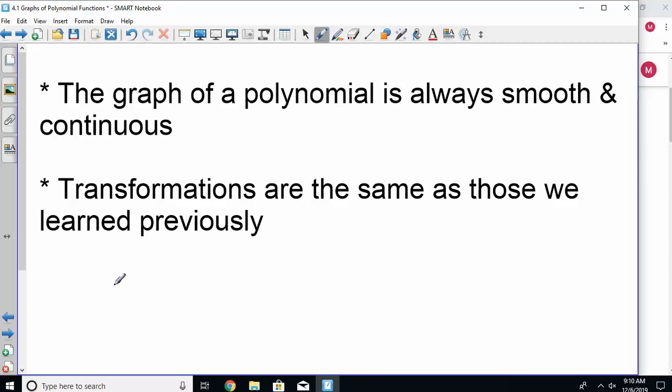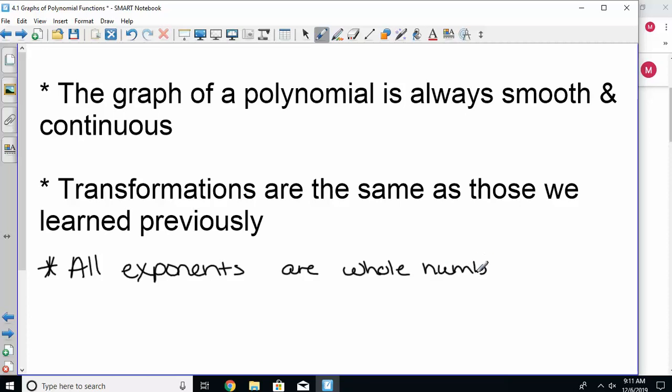The key, if it's a polynomial, is that all your exponents are whole numbers. It means 0, 1, 2, 3, and so on.